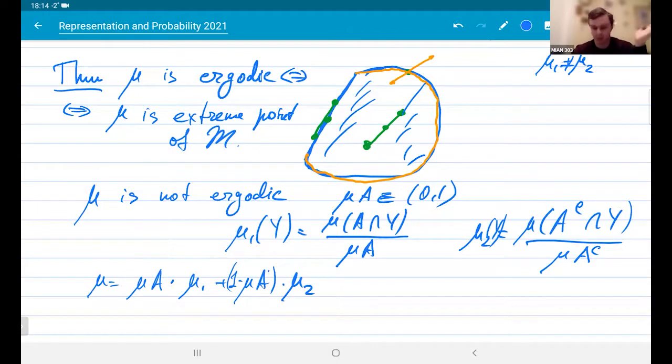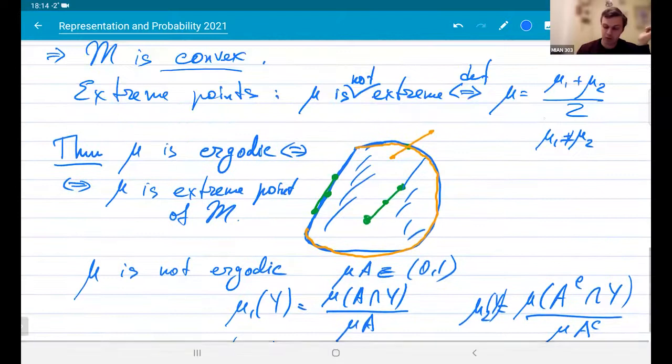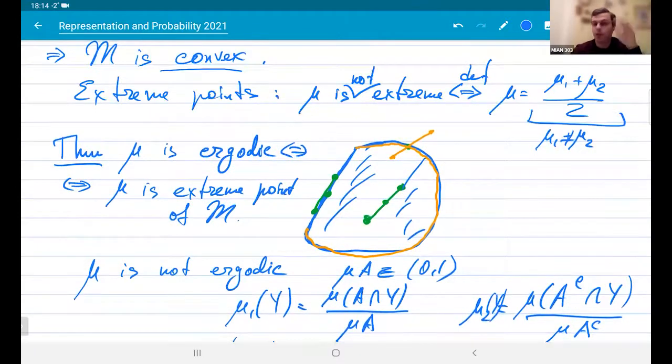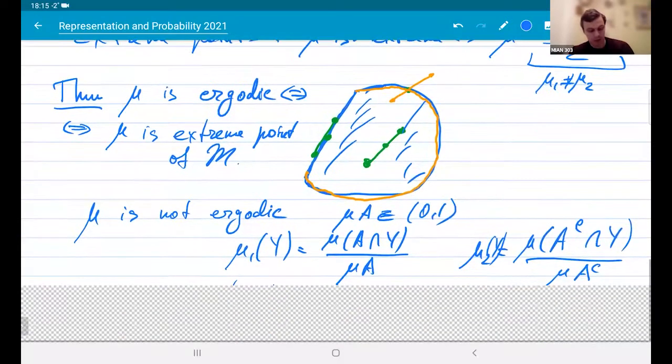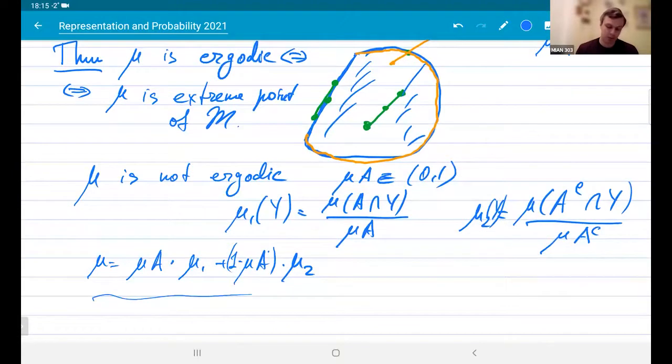This is not exactly half of the sum. The coefficients are different, but if you think a bit, you can make two such summands from this formula.